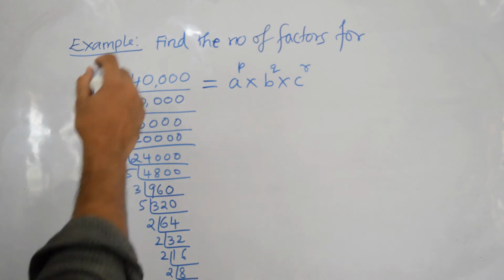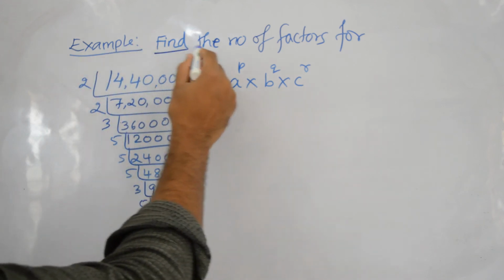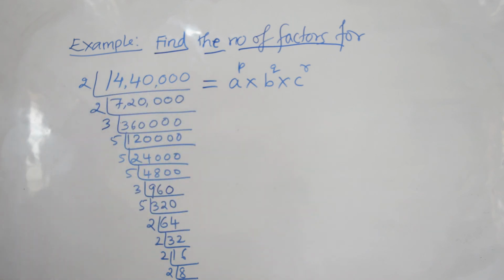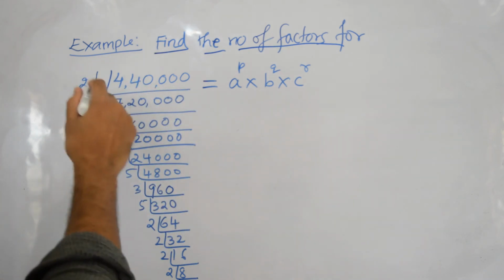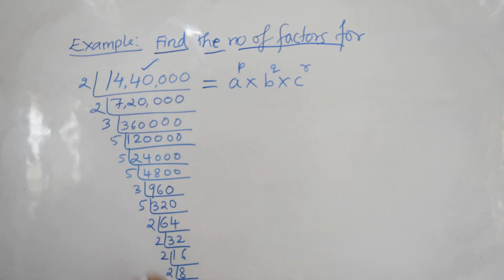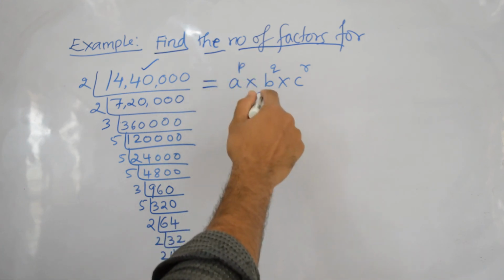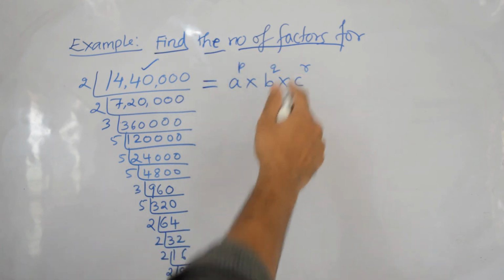Here we will take another example. Find the number of factors for 14,40,000. We express this number in terms of prime numbers as usual by the conventional method, and then in the form a to the power p into b to the power q into c to the power r.